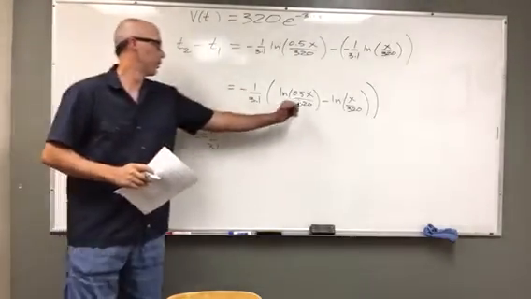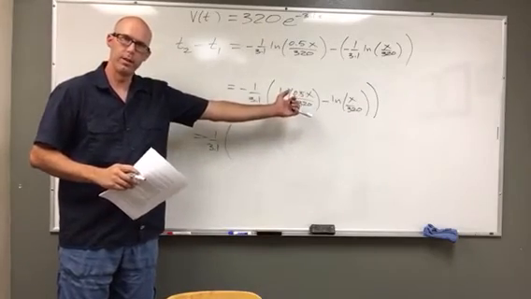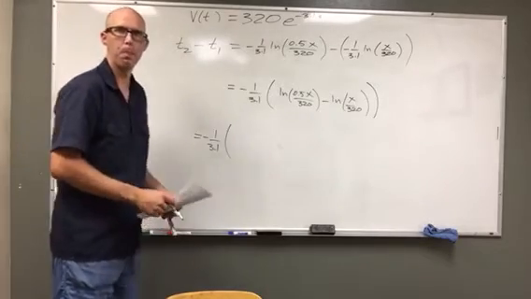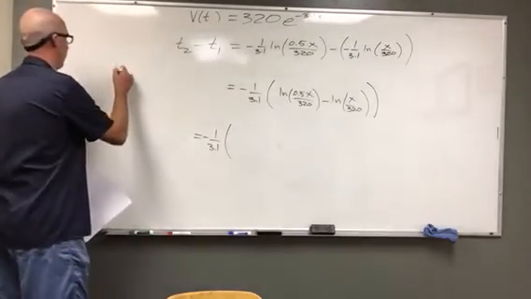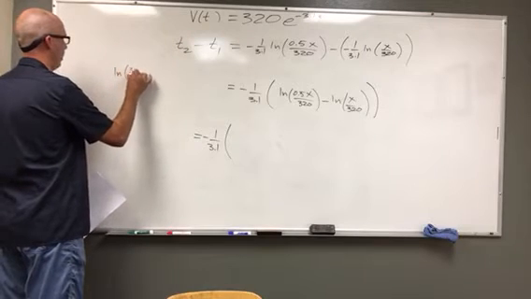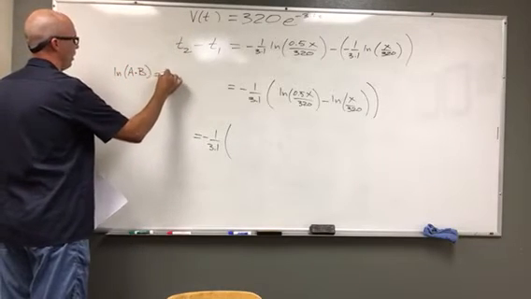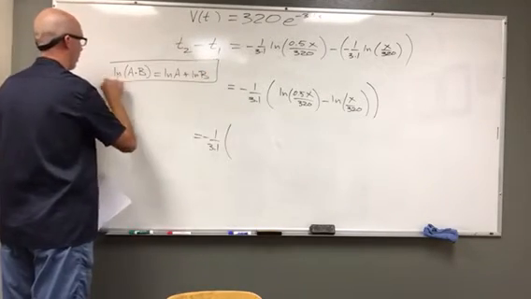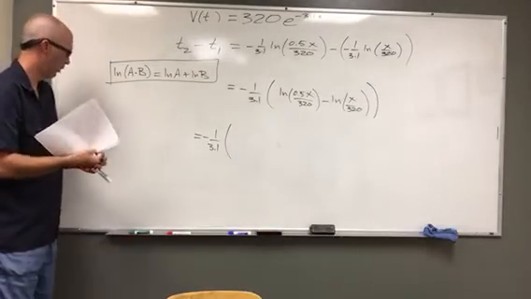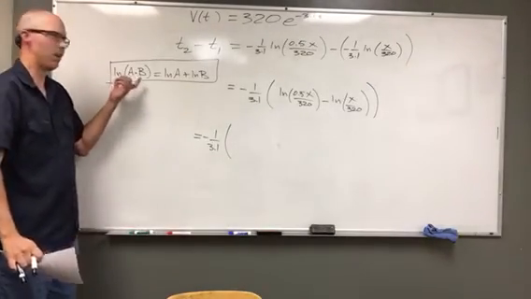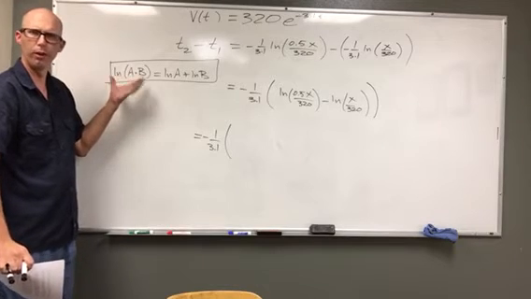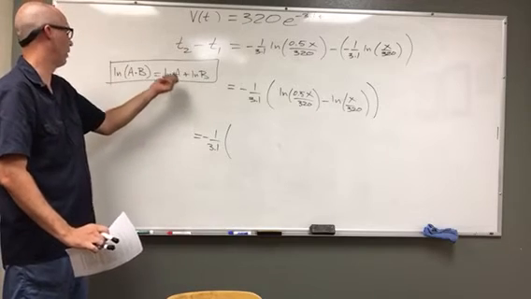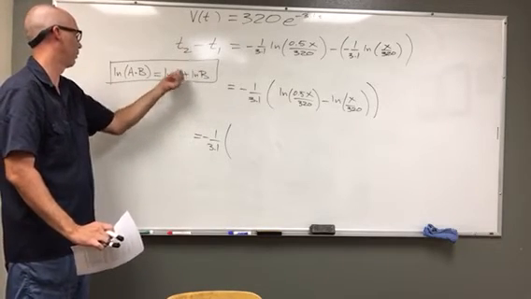Okay, now I'm going to use a little trick or a formula from pre-calculus. This formula is ln of a times b is ln a plus ln b. This is the product rule for logs. Anyway, the ln of a product is the sum of the ln's.